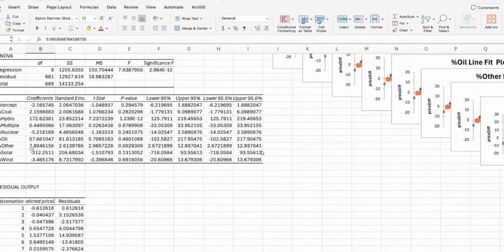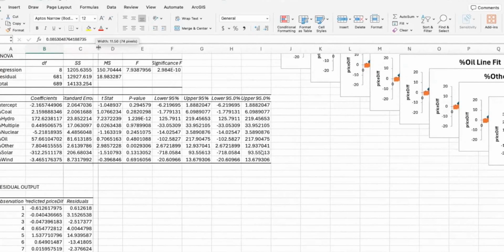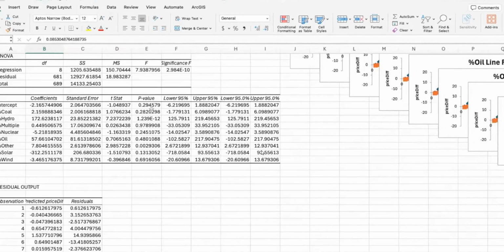And then let's look at coefficient and p-value. When we look at coefficient and p-value, we need to start with p-value first, because the p-value will tell you whether the association or impact of those independent variables is significant or not.